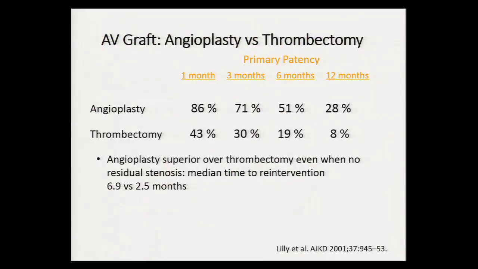There is some data that shows that if the access clots, even though you might be able to declot it successfully and there's 0% residual stenosis, there is some evidence that nonetheless these patients have poorer long-term patency and they require repeat intervention sooner.